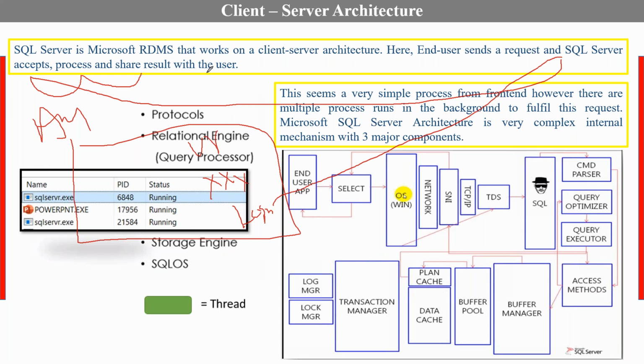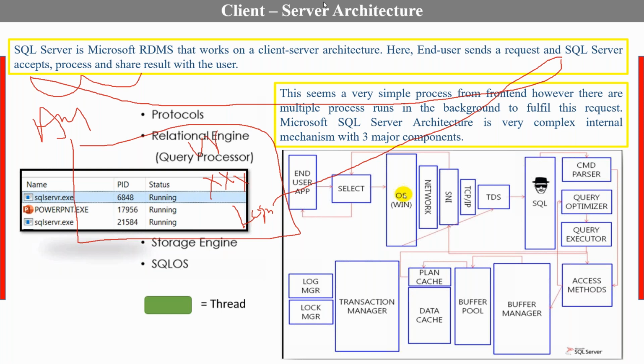Not only SQL, sir; take Oracle, take anything. Whenever your client is processing something, it will go to SQL or Oracle or MongoDB or something, sir. That will accept the connections, process the connections, and finally return the result to the users, right?